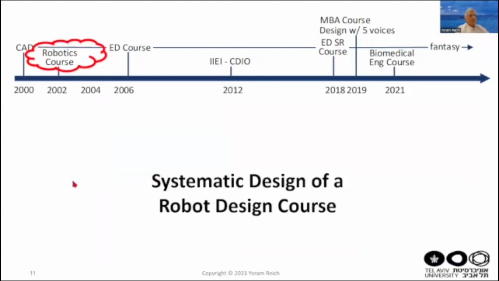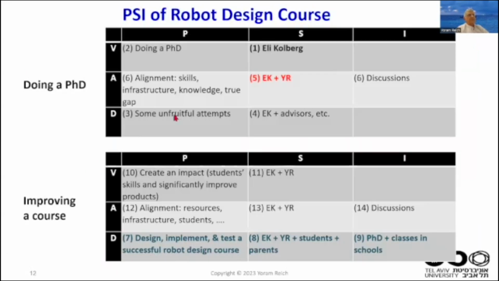A much more important example is a systematic design of a robot design course, which took place between, let's say, 2002 and 2005. So again, using PSI, a friend of mine with whom I did my undergraduate, his name is Eli Kohlberg, wanted to do a PhD, and he had some experiences with some advisors, but they didn't work out so well.